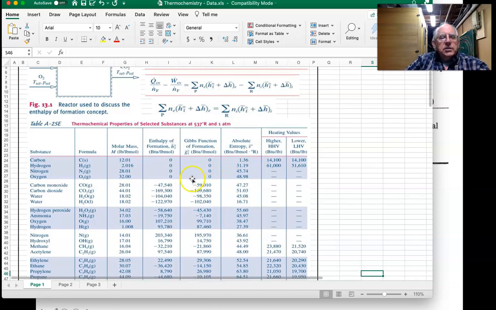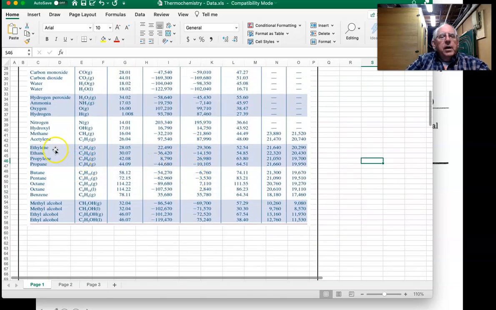For instance, let's just use our standard methane.